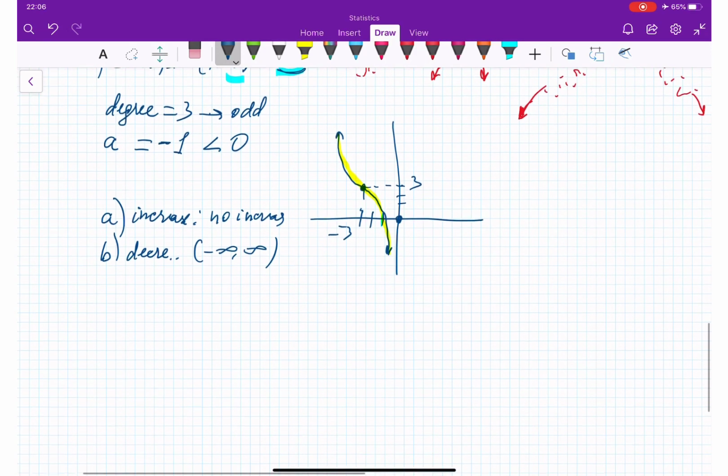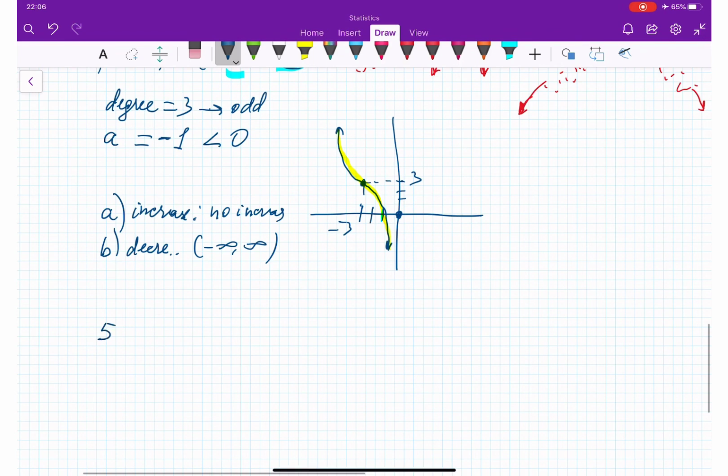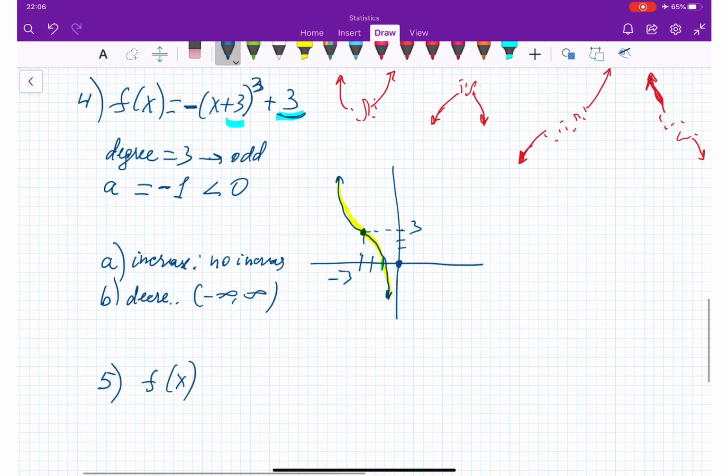Next, question number 5. Here it's asking to describe the end behavior, okay? We already know, right? End behavior here.